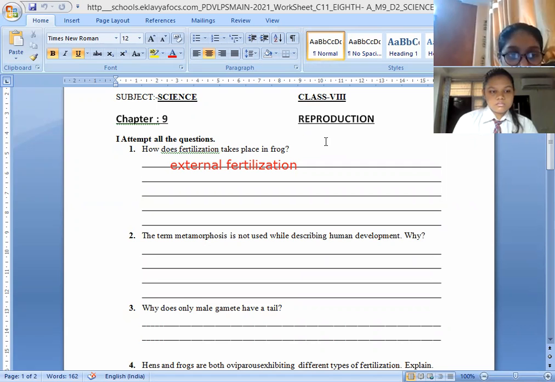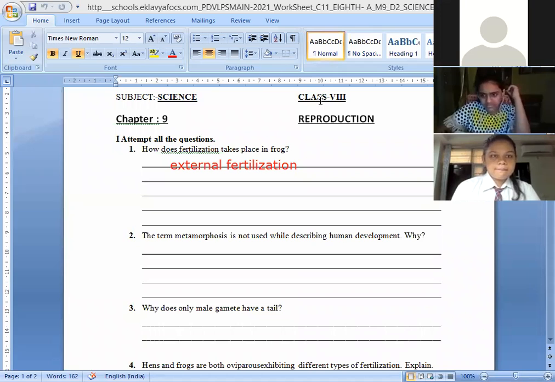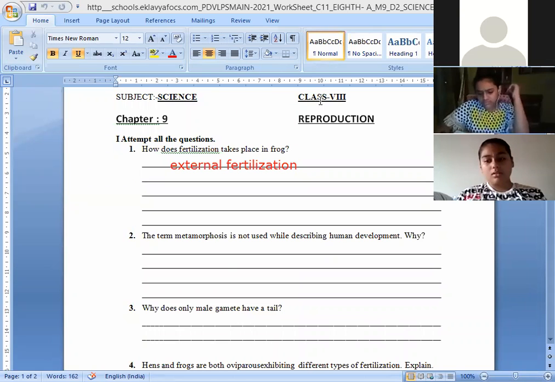They are just like a jelly-like substance, like cytoplasm only, so they get destroyed. Can I have the answer? Why do the hundreds of eggs laid by the female not get converted into frogs? Yes, Ananya Jain.